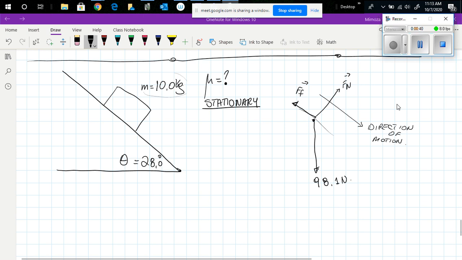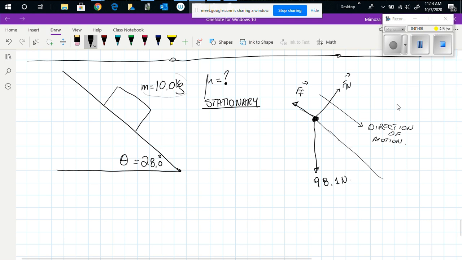Now, we start by drawing the free body diagram, with the object of our interest represented by a dot, and then the force of gravity going down toward the center of the Earth, 98.1, because 10 times 9.81 is 98.1. This is the surface, and the force normal is this way.